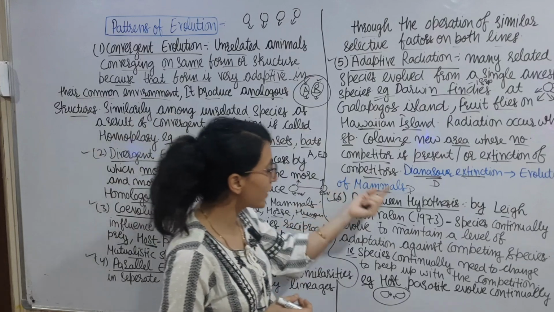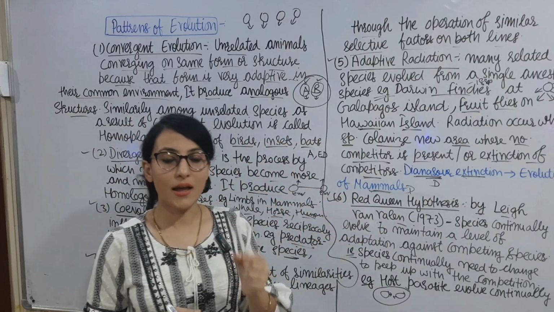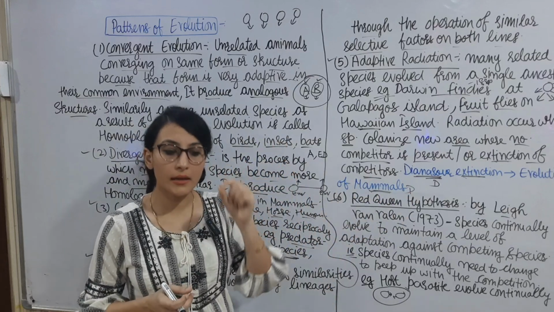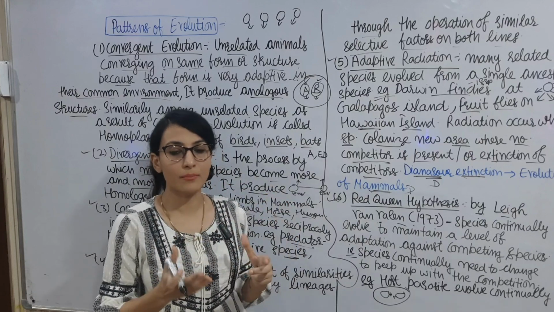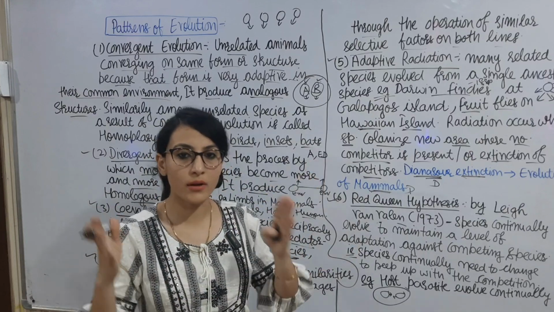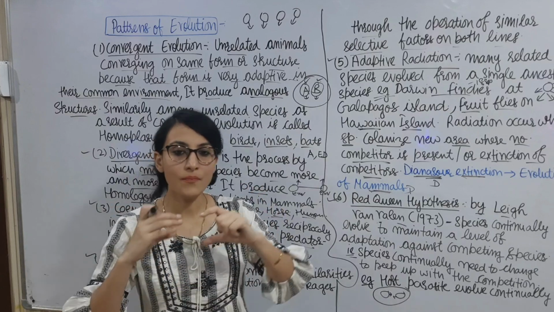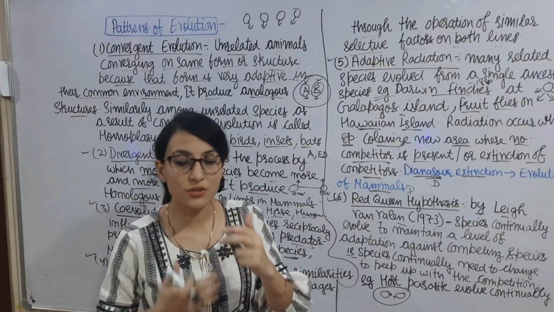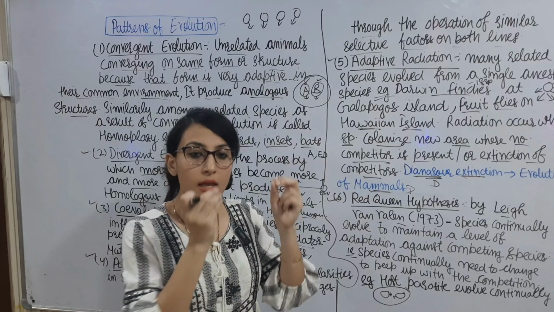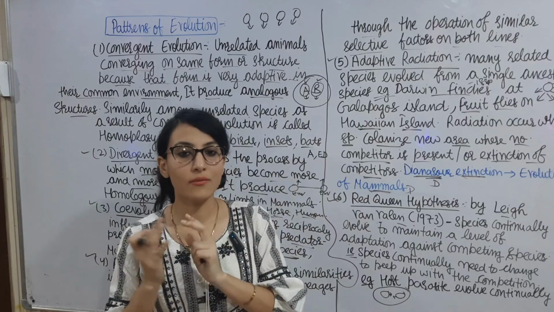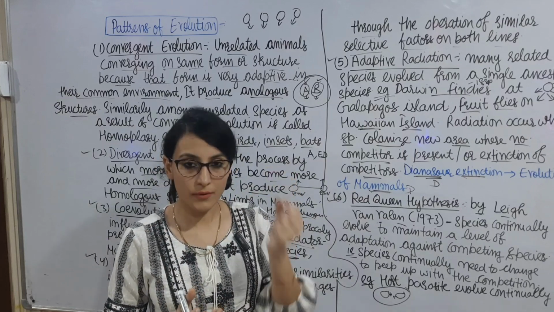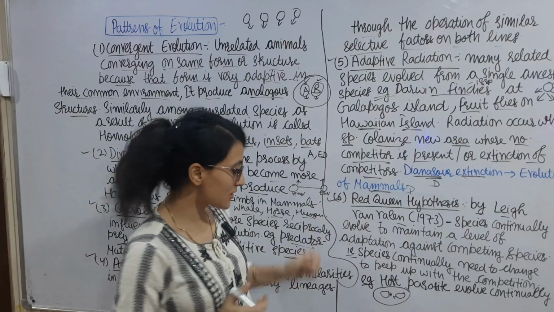So this is how the Red Queen hypothesis suggests that species living in a changing environment, because the environment or area is continuously changing, tend to change or evolve continuously to live in that particular environment, in which competition takes place.